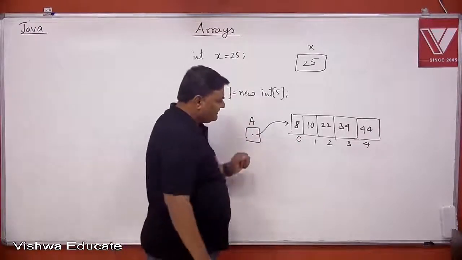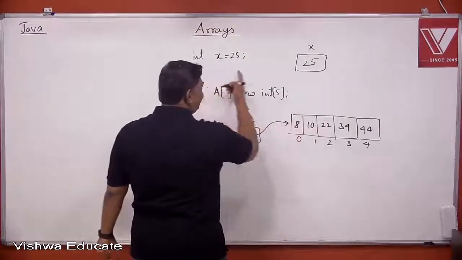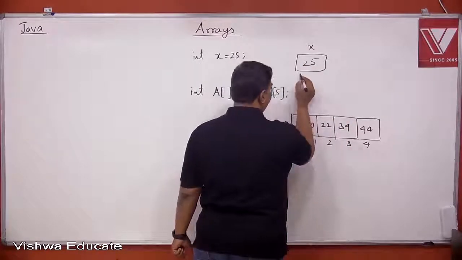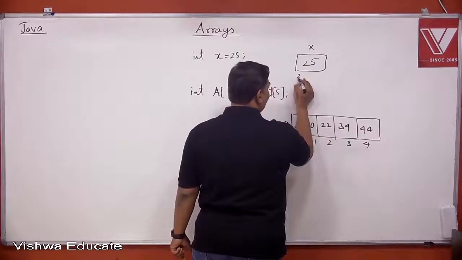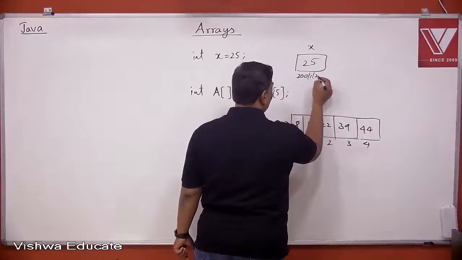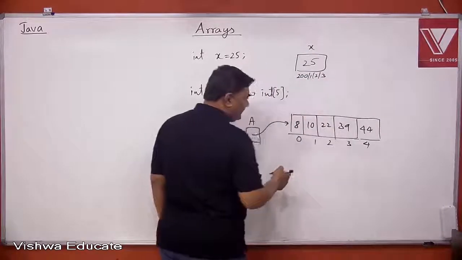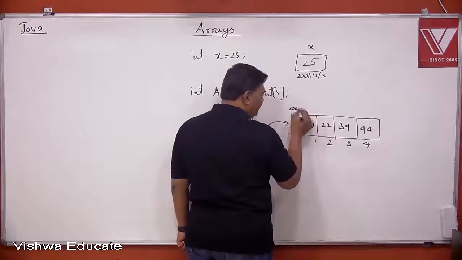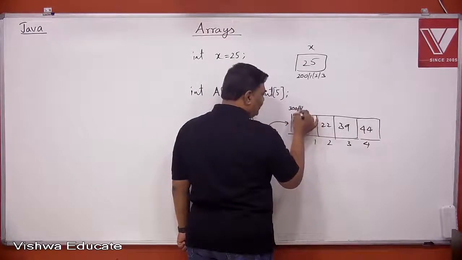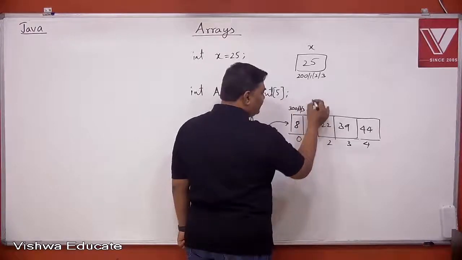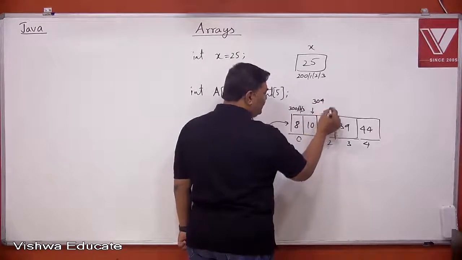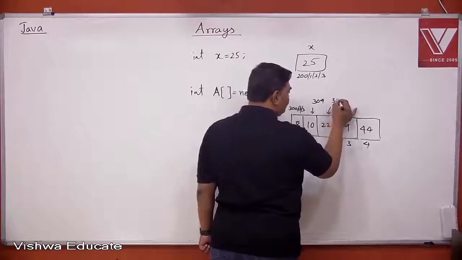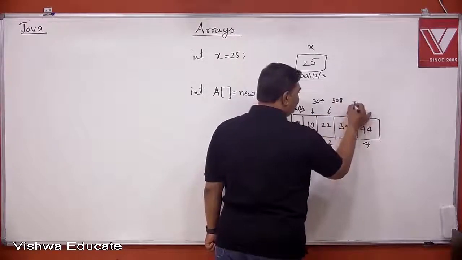One important thing here is that each element takes 4 bytes. Suppose the addresses are 200, 201, 202, and 203. Then the next element's first byte address is 300, 301, 302, and 303, and then 304, 305, 306, 307, then 308, and 312.